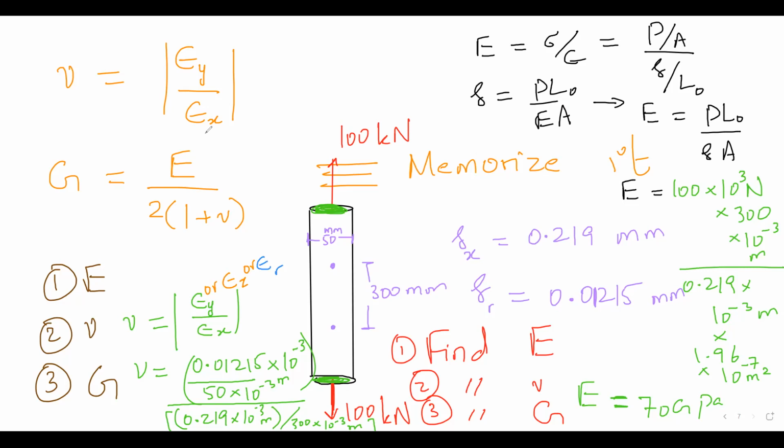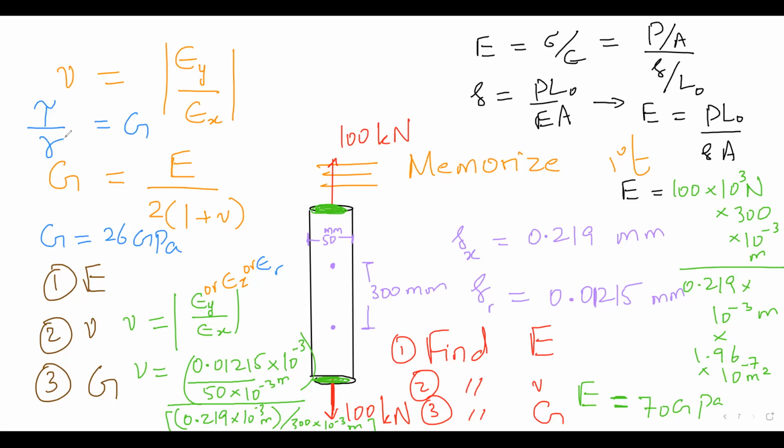Give me the value of G, by the way. I think all of you are right: 26 gigapascal. And why don't you tell me, shear stress over fill in the blank equals shear strength. This is something that all of you need to remember.